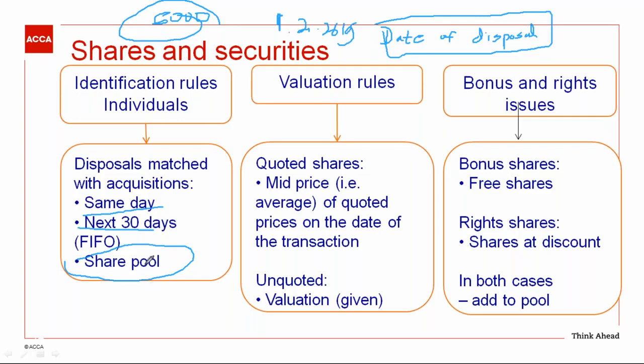So in the pool, we do not include the shares that we have bought on the same date of disposal and the shares that we intend to purchase within the next 30 days from the date of disposal. We include the shares that we have bought prior to the date of disposal in the share pool, and accordingly, we need to calculate the average price of a share, then multiply it by the number of shares that you have sold.